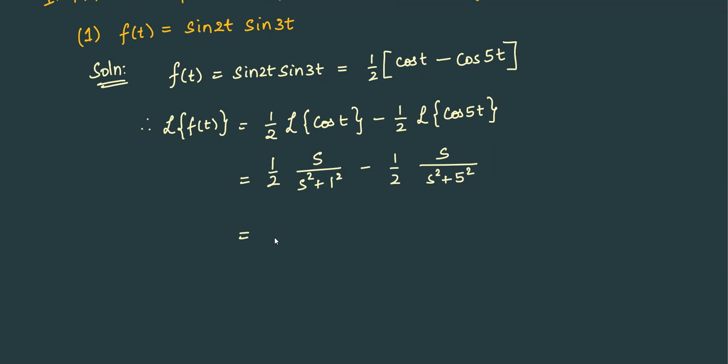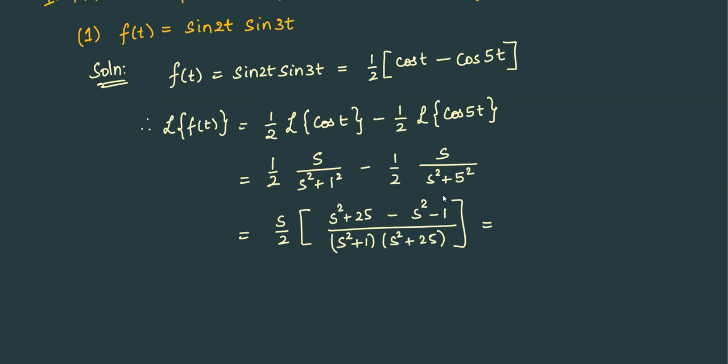Taking s upon 2 common, we get s square plus 25 minus s square minus 1 upon s square plus 1 into s square plus 25.